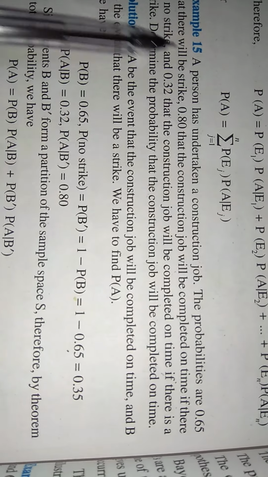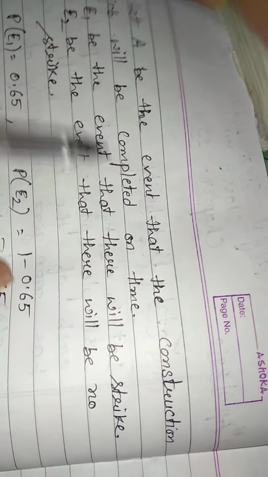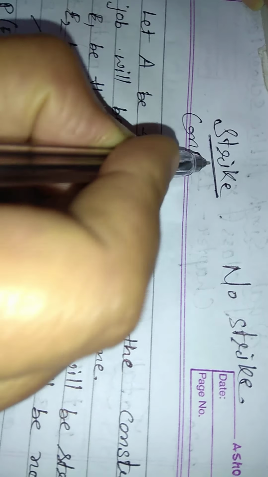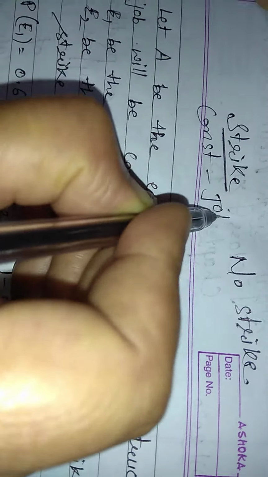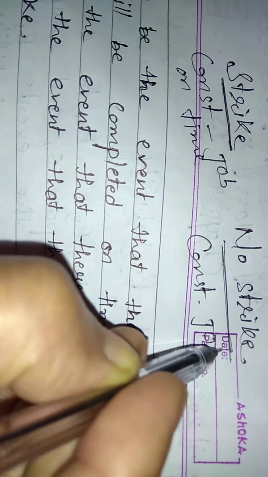So read this example again. In this question, there are two cases. One is strike and the other is no strike. After a strike, the construction job on time, and with no strike, the construction job on time.